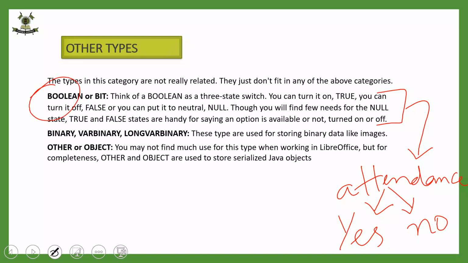When you declare a particular field as boolean, what will happen in the datasheet view? You will see a circle, right? If it is filled, that means the value is true. If it is unfilled, that means it is false, right? I hope this is clear to everybody.